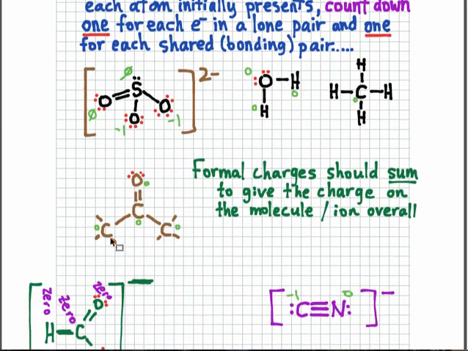Let's see, or we could do something like this. Carbon brings in 4 valence electrons to this, is it formaldehyde? I think it is. 4, 3, 2, 1, 0. Oxygen, 6, 5, 4, 3, 2, 1, 0.